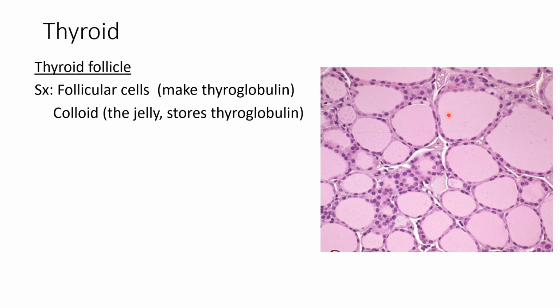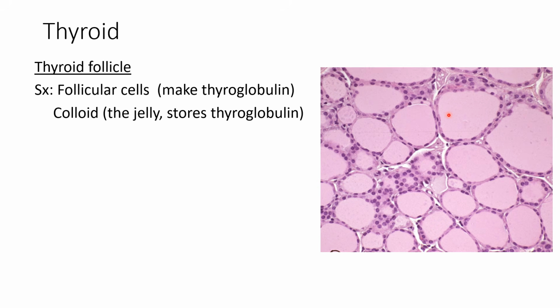So colloid is a generic term for a type of mixture. Like in A&P 1, you were supposed to learn that there are solutions, colloids, and suspensions. A solution would be like, I don't know, pretty much everything. Mineral water, Gatorade, that's a solution.